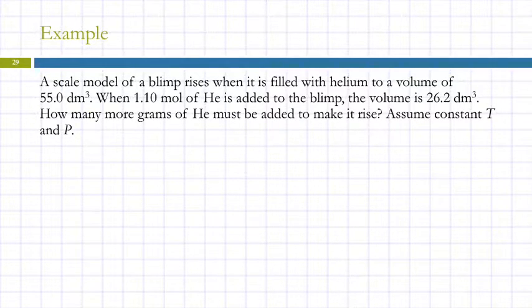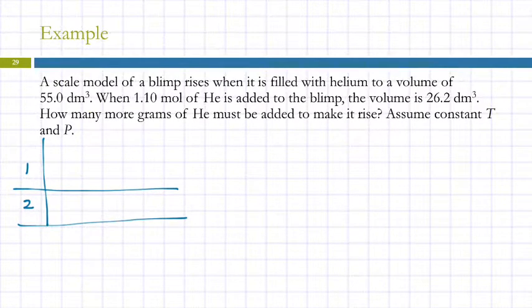Well, let's just put the numbers in a table, because you maybe look at that and you're like, I don't know about that. Well, you've got to start somewhere. So start by organizing. So 1 and 2. First number is 55.0 cubic decimeters.